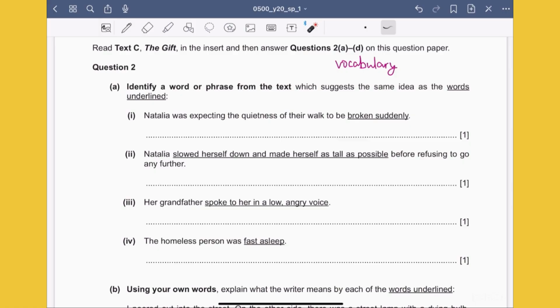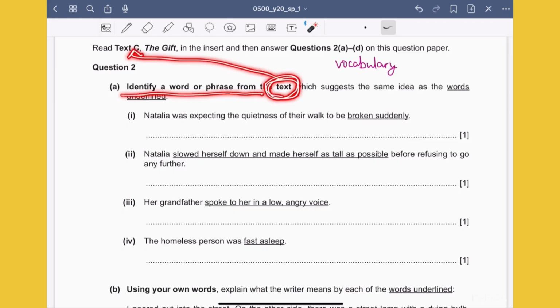One thing that some people get wrong over here for question 2A is they read the underlined words or phrase and they give a totally different synonym for this over here. That is not what the question is asking. So keep that in mind. What the question is asking you is, identify a word or a phrase from the text. That means this text.